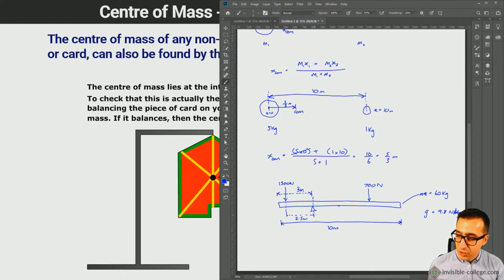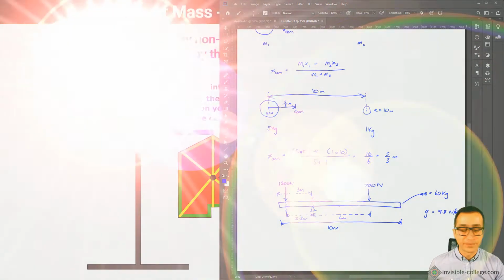And let's say the 700 newton force over this side is acting at a distance of, let's just say, 6 meters from the pivot point. So now that I've given you enough information, have a go at this, guys. See if you can come up with a solution to this. What would be the resultant moment on the seesaw in this situation?